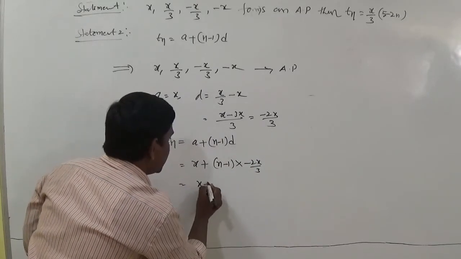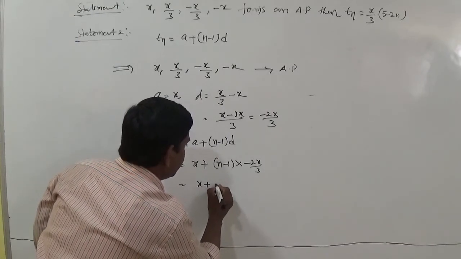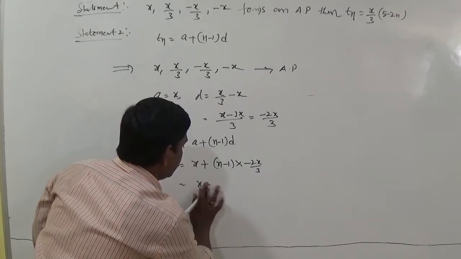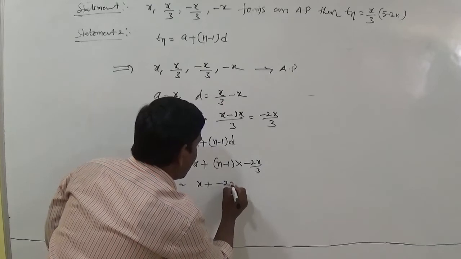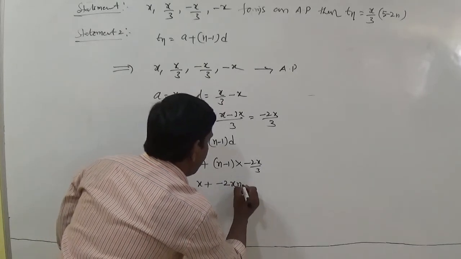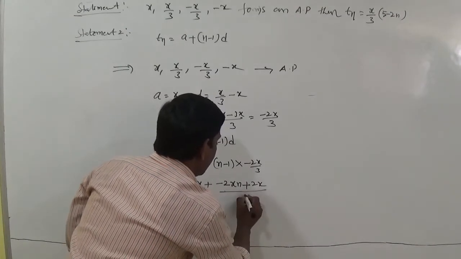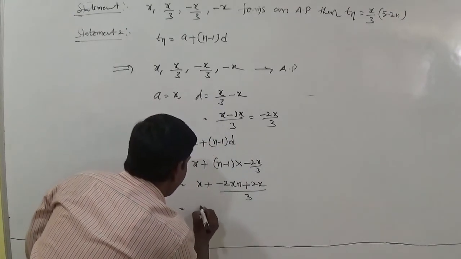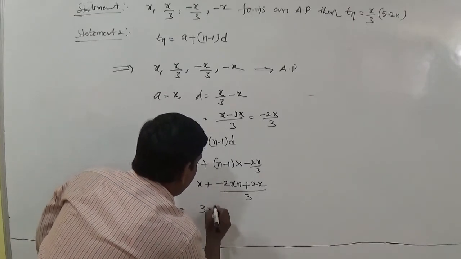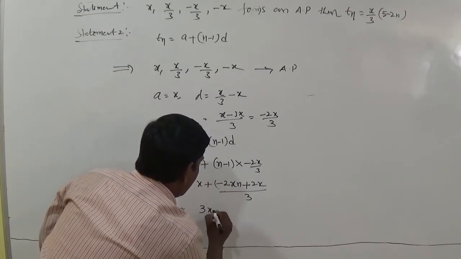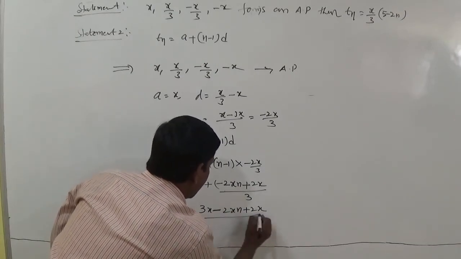Here x plus minus 2xn plus 2x by 3. By the LCM, 3x plus minus 2xn plus 2x by 3.